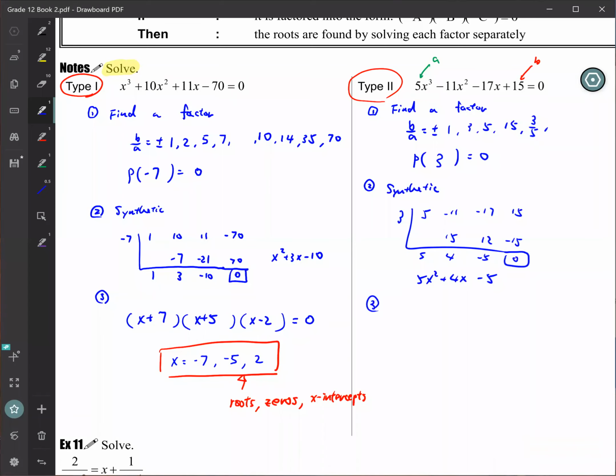So the first factor will be what, Cindy? The x minus 3. Yeah, x minus 3 is one of them, okay? And the second one will be what, Tiana? Tiana, what should go into the second bracket?